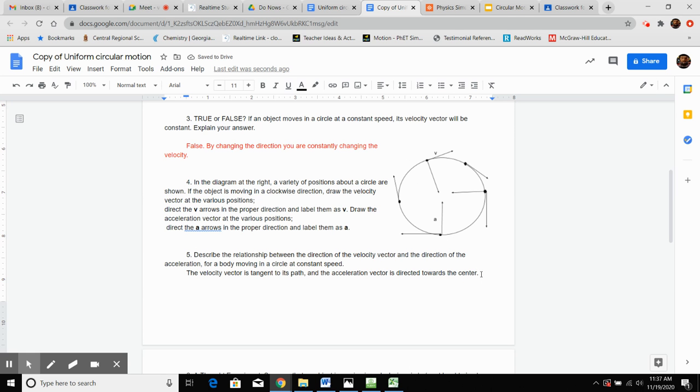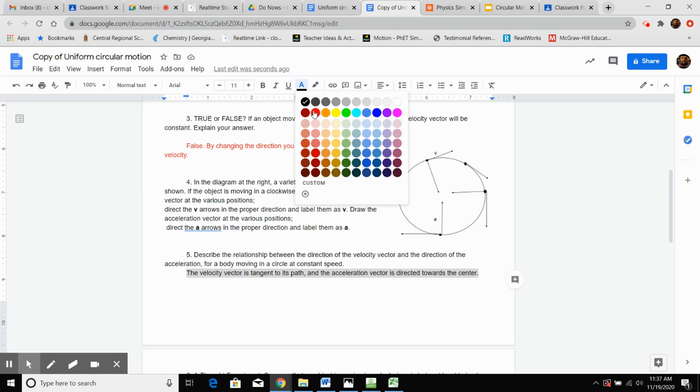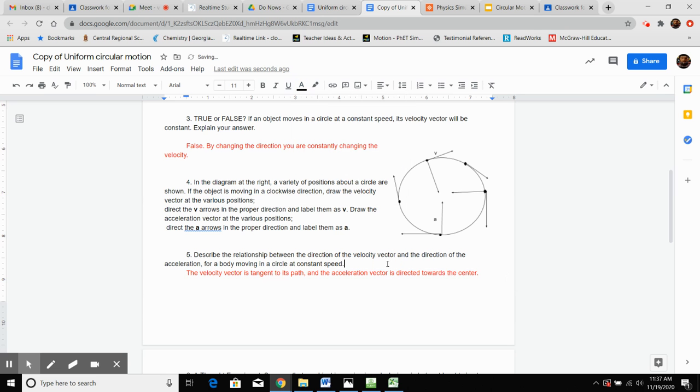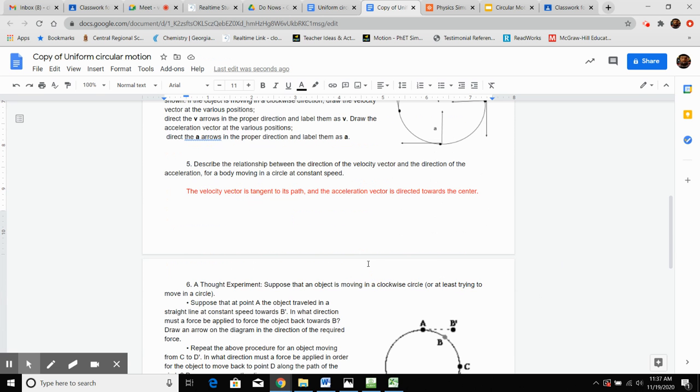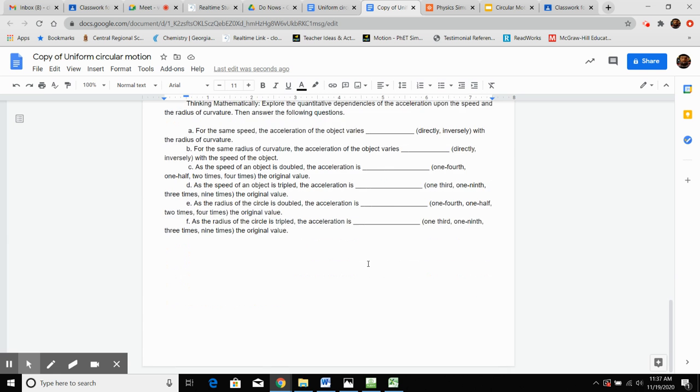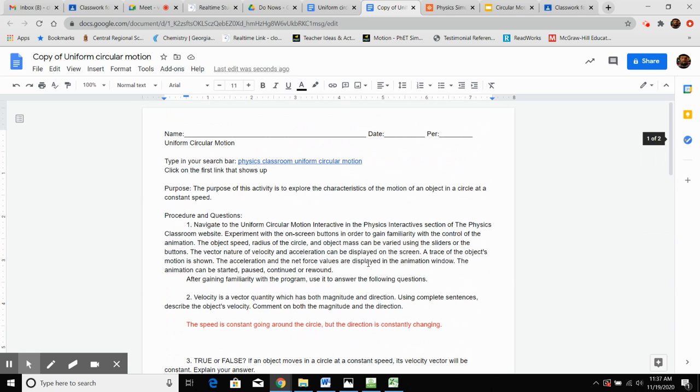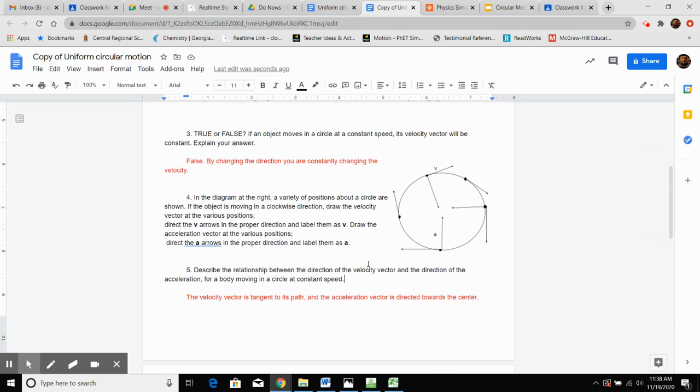And once you have that written in, or something along those lines, highlight it in red, and then we are going to stop there. We're going to stop there for the day. We'll continue on with the other pieces of this tomorrow. So just leave this here for a second while you start typing that off.